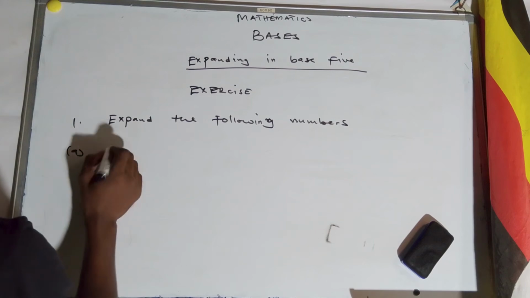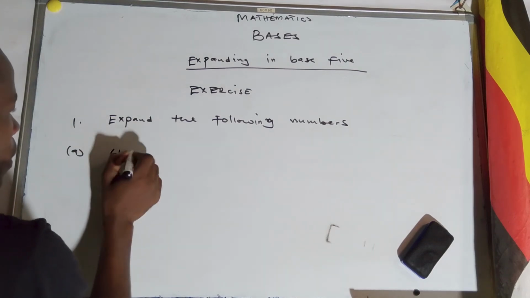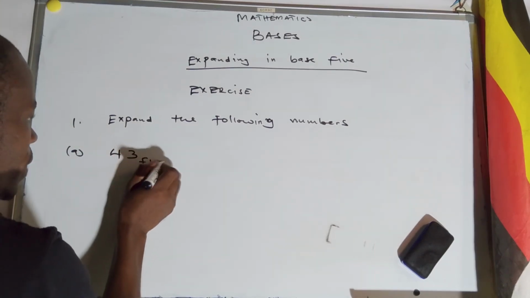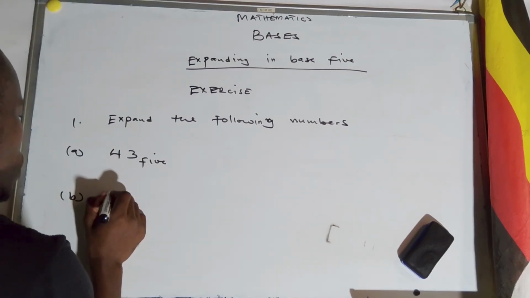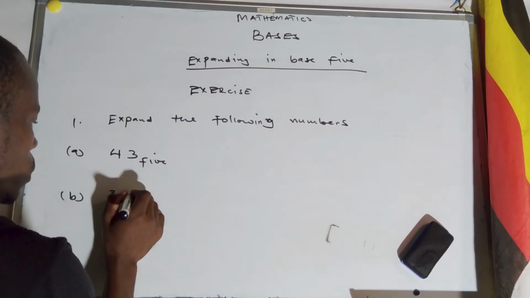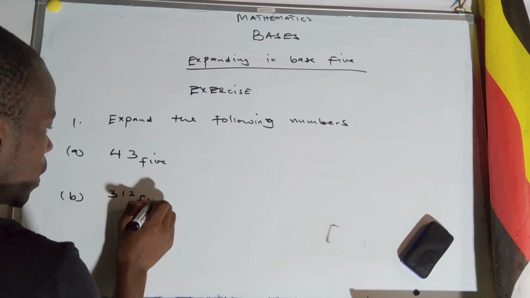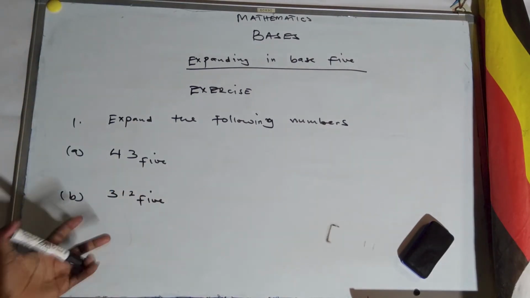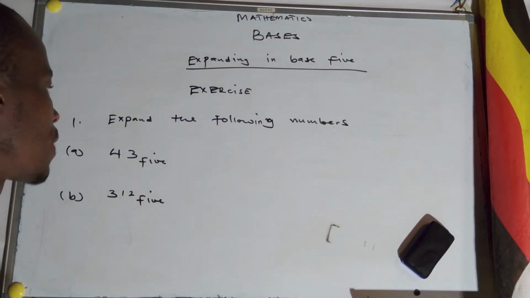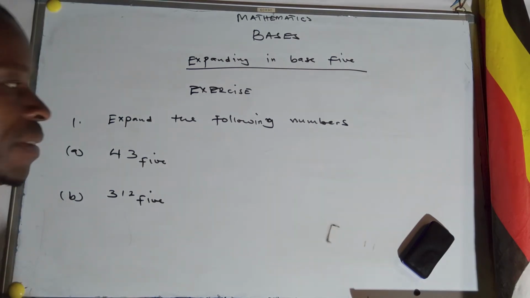A, 4, 3, base 5. B, 3, 1, 2, base 5. So feel free to work and post your work and I will see. If not, wait for my solution now.